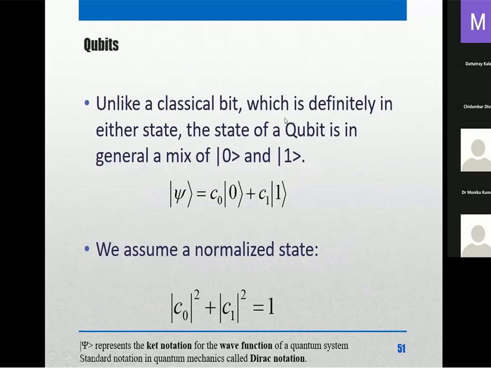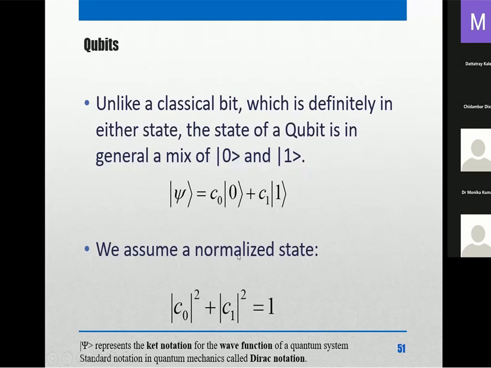Unlike a classical bit, which is definitely in either state, the state of a qubit is in general a mix of 0, that is the ground, and 1, the excited. So this psi, we can say C0 is the ground level, C1 is a combination of this.